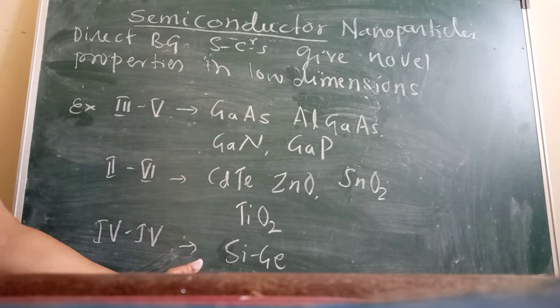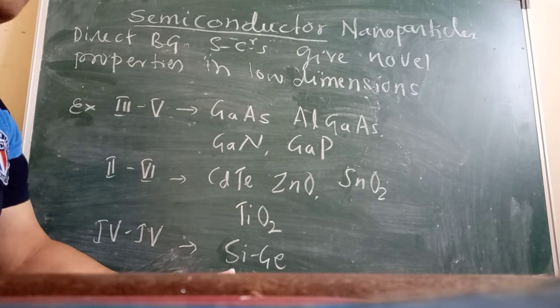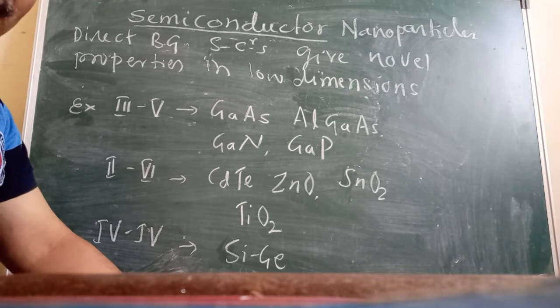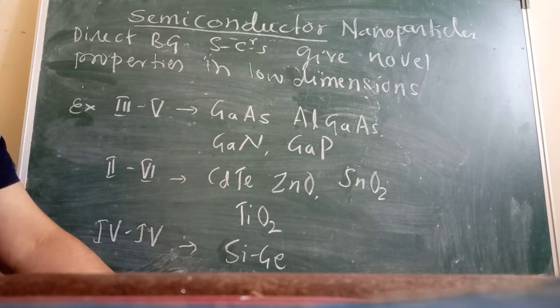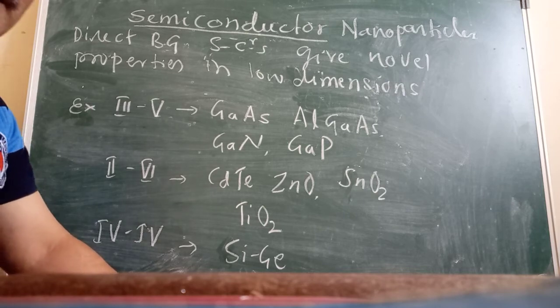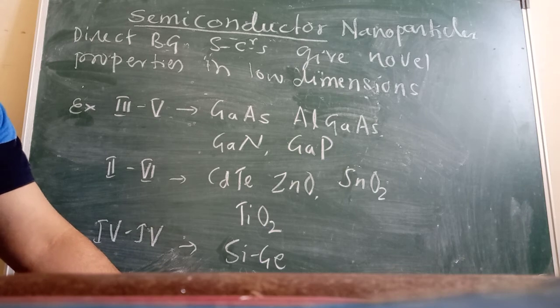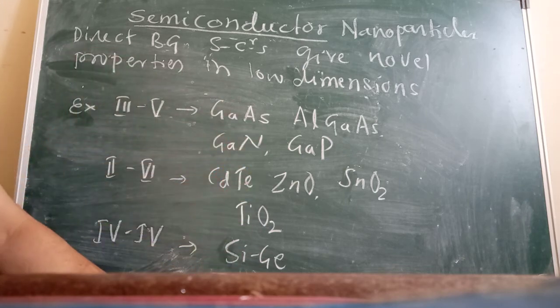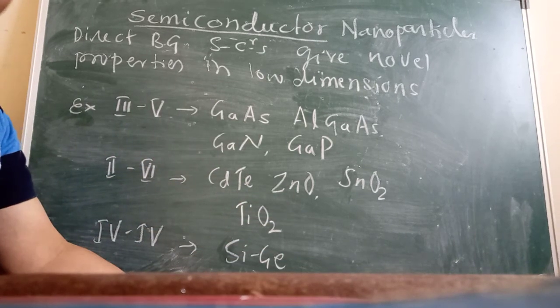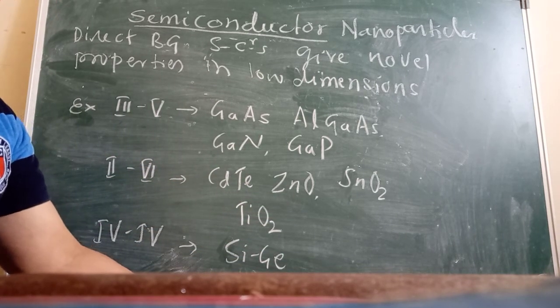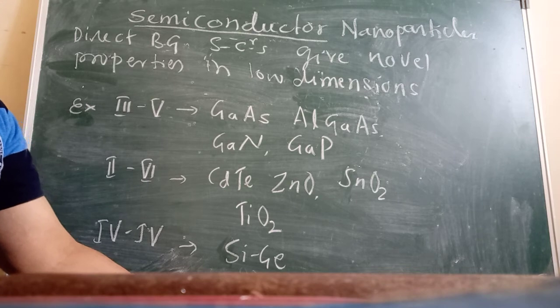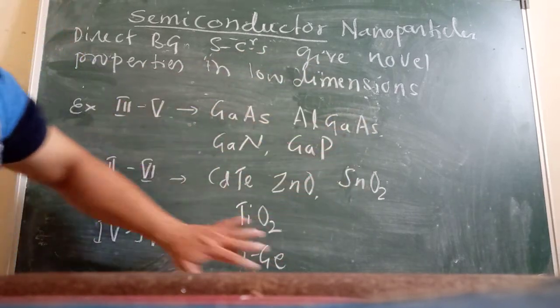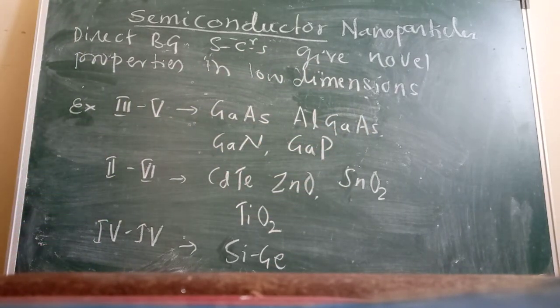There are thousands of semiconductors: cadmium sulfide, cadmium selenide, lead selenide. When such materials are doped with inorganic elements like nitrogen, or with organic semiconductors, they give novel properties.